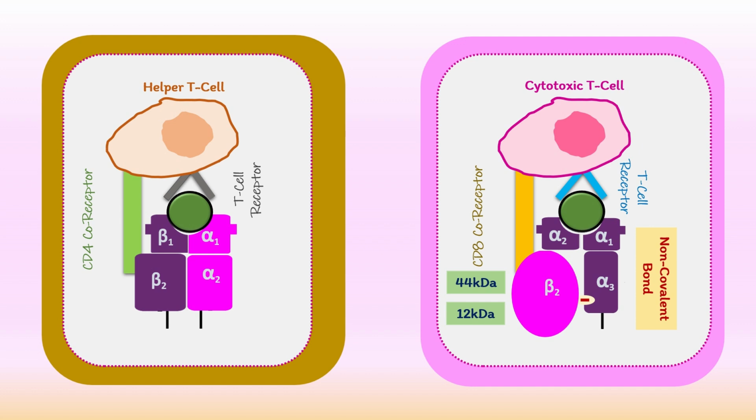Same pattern is followed by T helper cells. These cells have T-cell receptor that binds with the groove of MHC-II presenting antigen, and CD4 co-receptor that binds the Beta-2 Microglobulin of MHC-II.